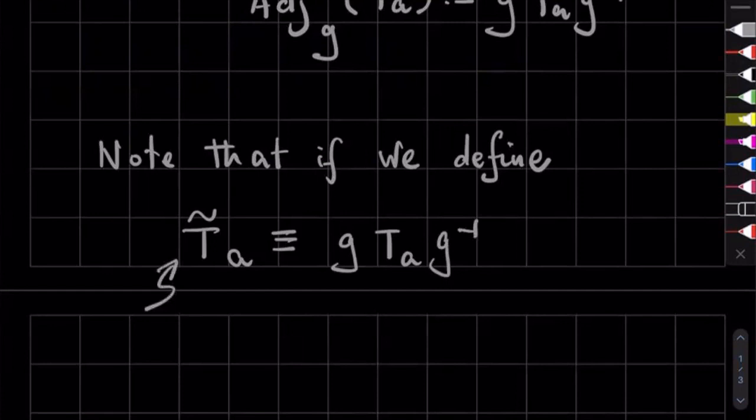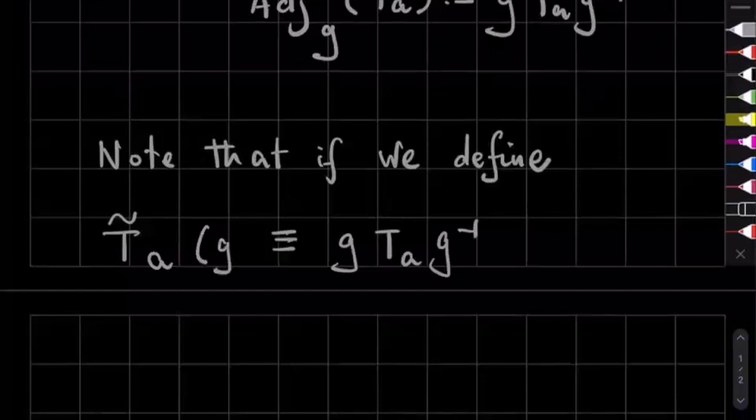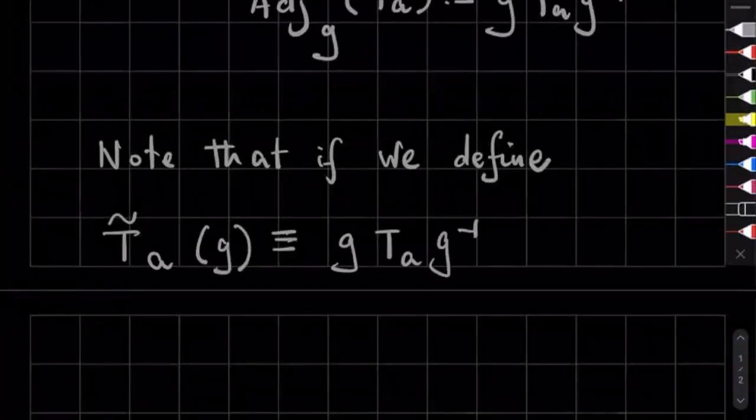We are not taking that into notation, but if you wanted to be absolutely thorough, we would have to write T_A, which depends on the element g. But I'm just not going to bother with writing this.